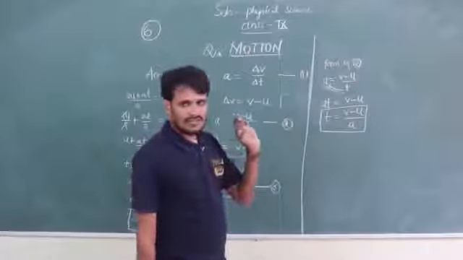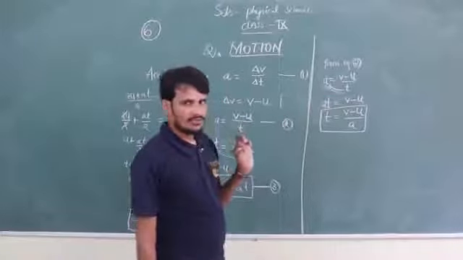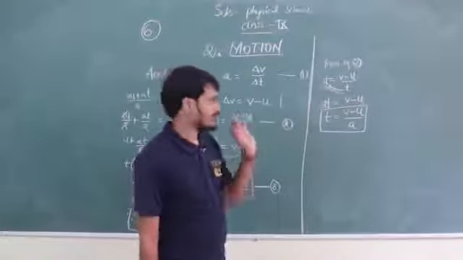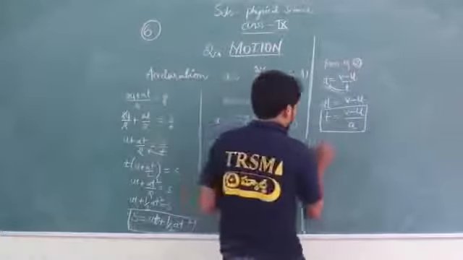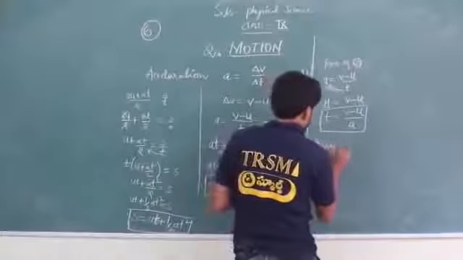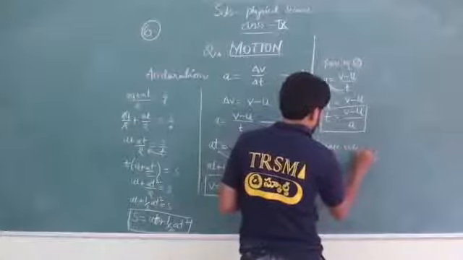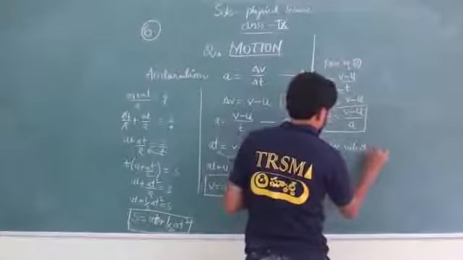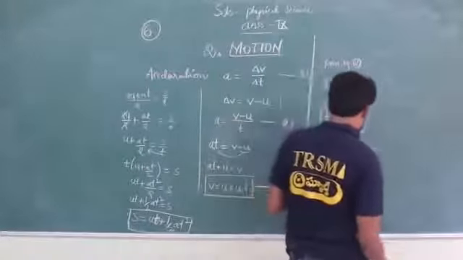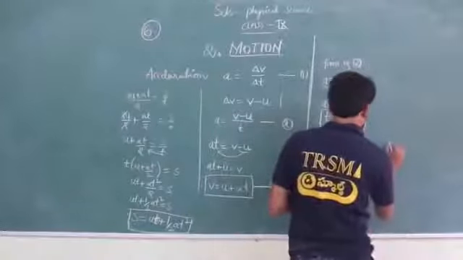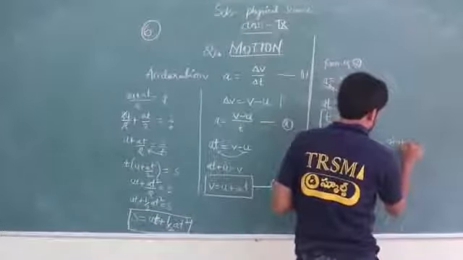Now let's consider average velocity once again. What is average velocity? Average velocity equals displacement by time.